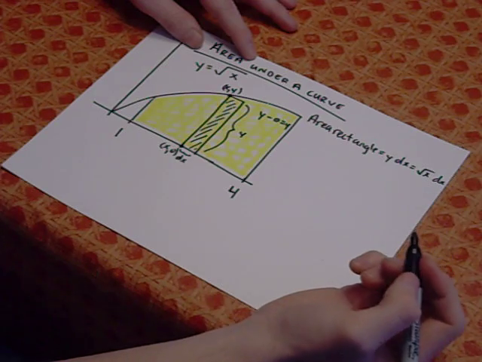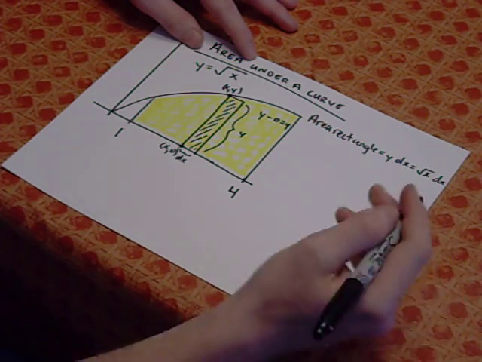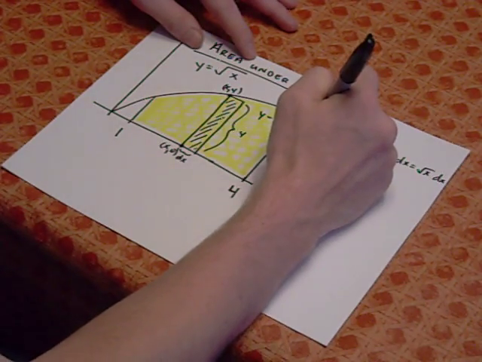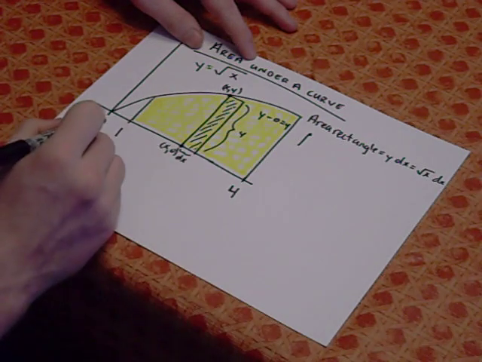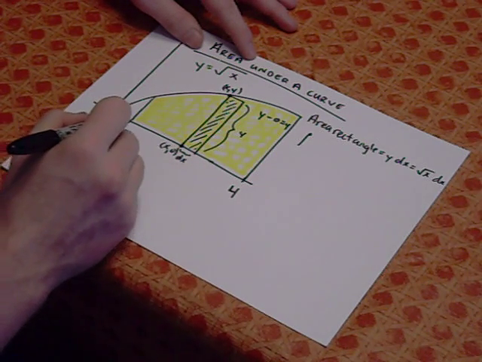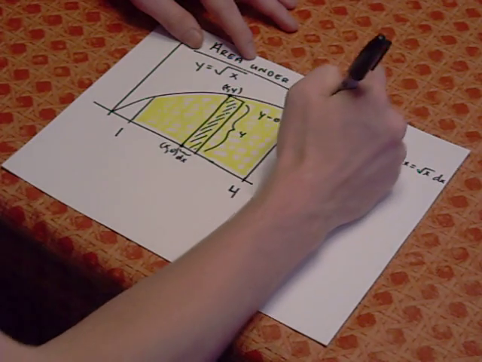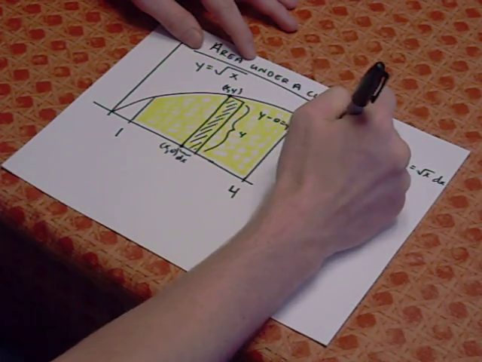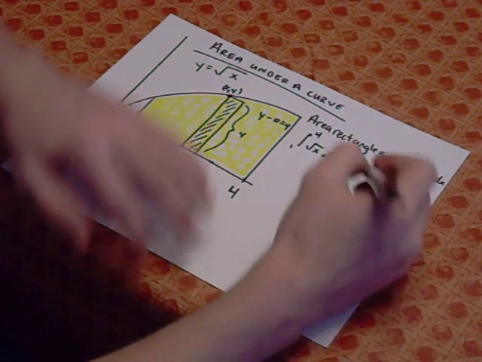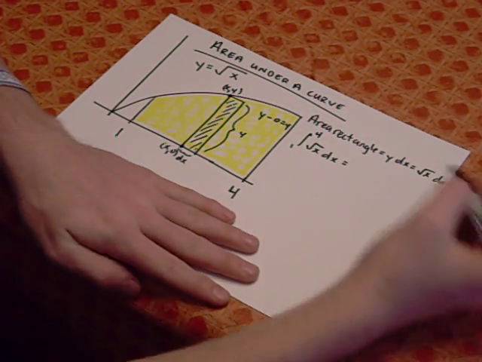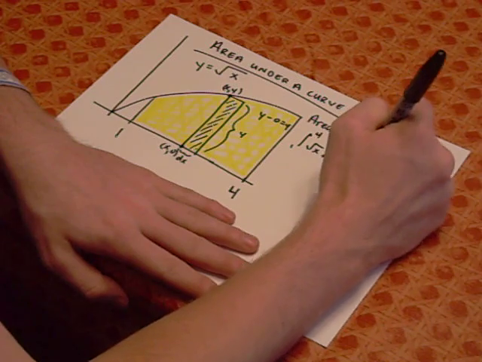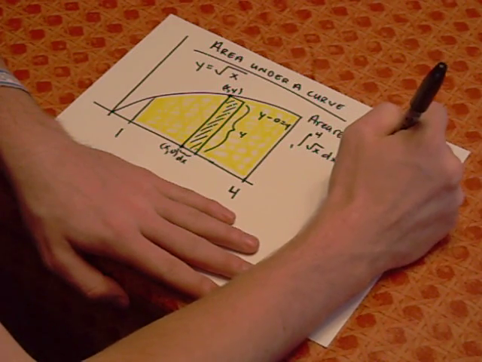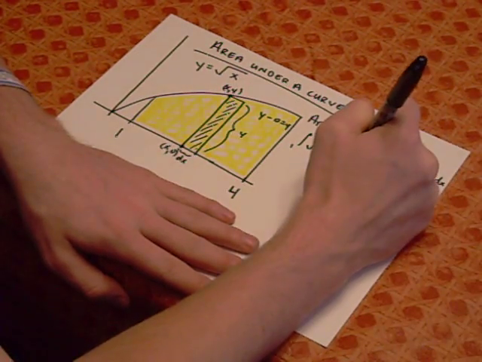And to add up an infinite number of rectangles, we integrate from 1 to 4 the function of square root of x dx. And square root of x is equal to x to the 1/2 power.